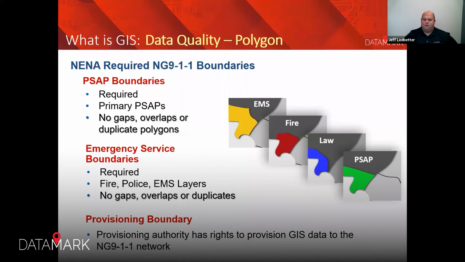So duplicates don't help. If there's a gap, the answer is I don't have an answer, and if there's an overlap, it's the same as if there were a duplicate in that particular location. So those are required elements that have to meet a data quality standard that doesn't allow for these confusing answers for the software elements.